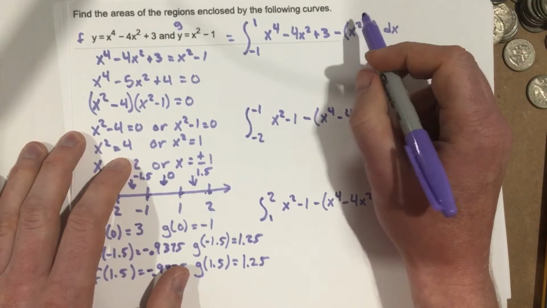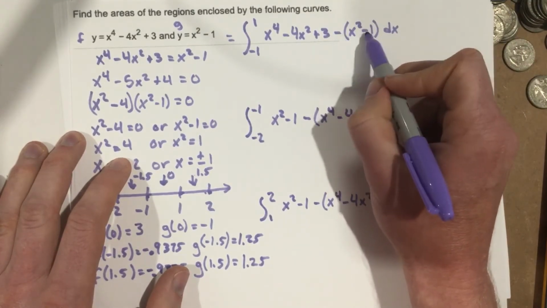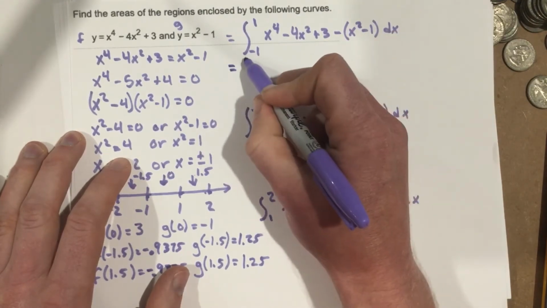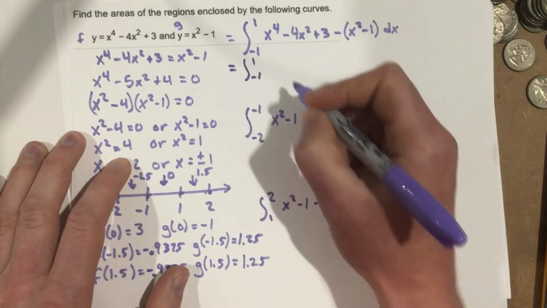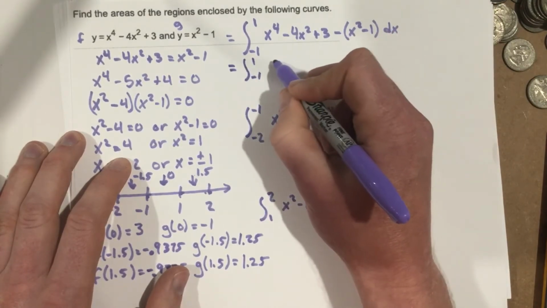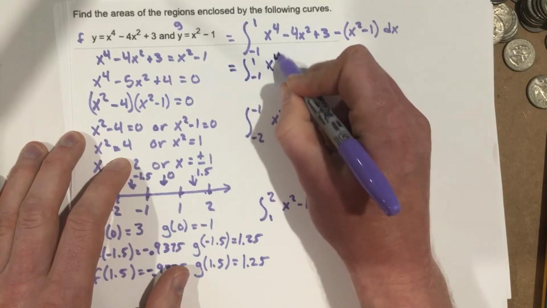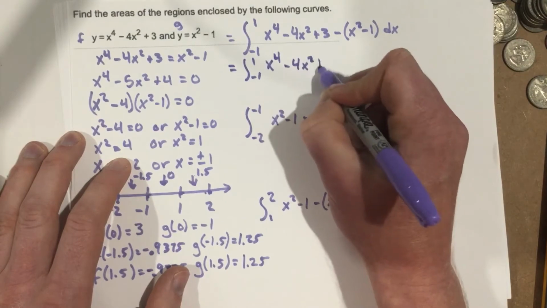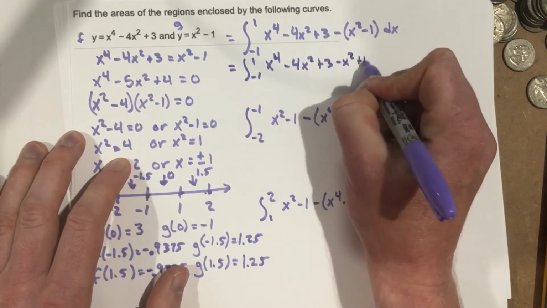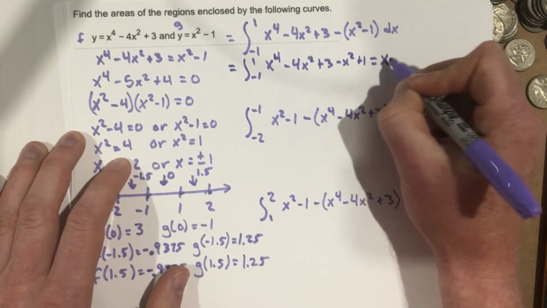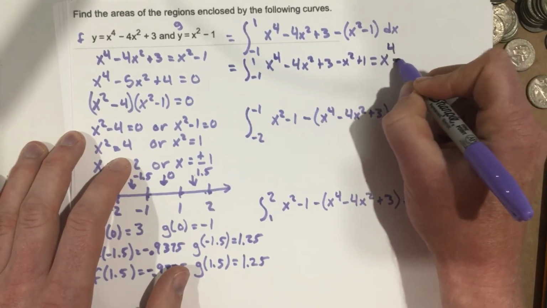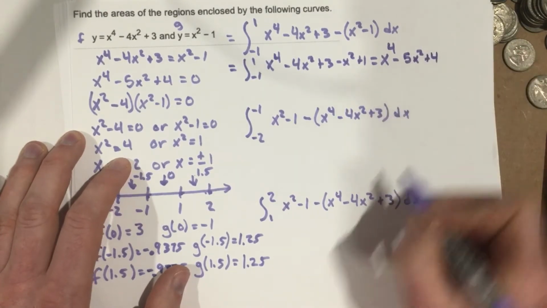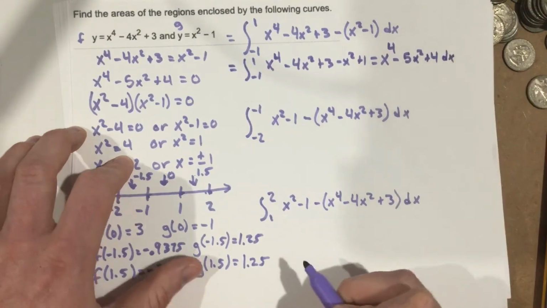If I distribute here the negative x squared to the negative 1, this is going to give me the integral from negative 1 to 1 of x to the 4th minus 4x squared plus 3 minus x squared plus 1, which I can say is x to the 4th minus 5x squared plus 4 dx.